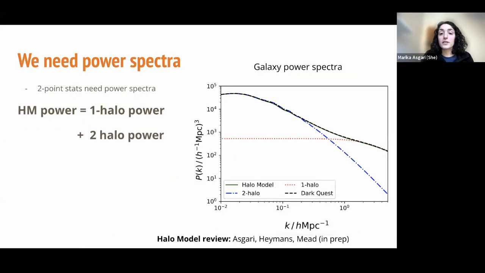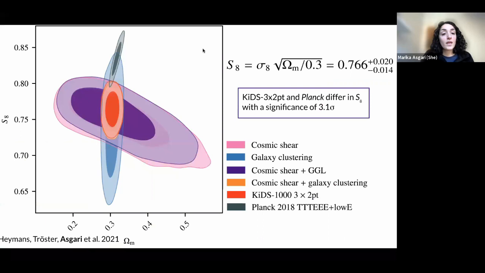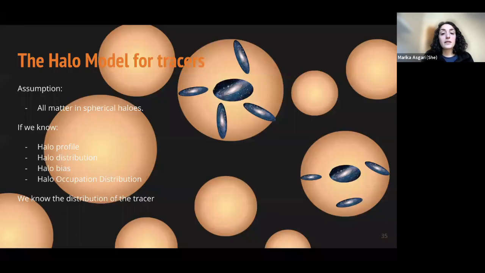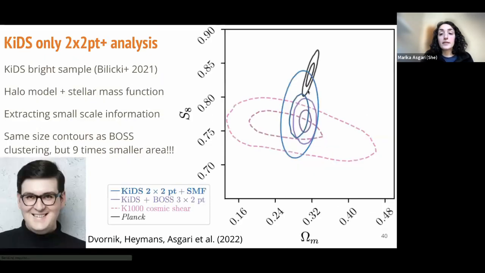But if I go back to that analysis, if I go back 1 second, here, this blue contour here, which is just BOSS, is the same size as this blue contour here. And BOSS has 9 times the area of KiDS. But because we were able to push to smaller scales, we got basically the same constraining power as a huge survey like BOSS.